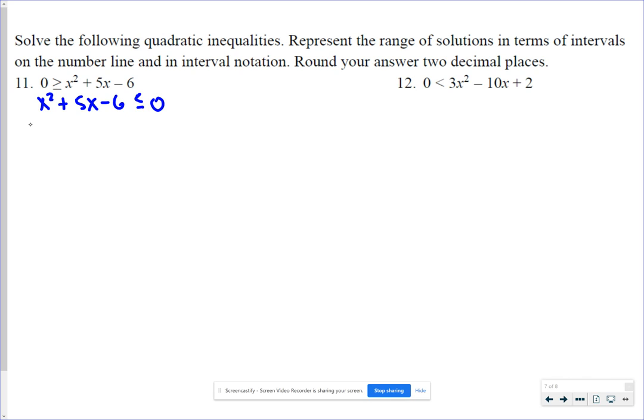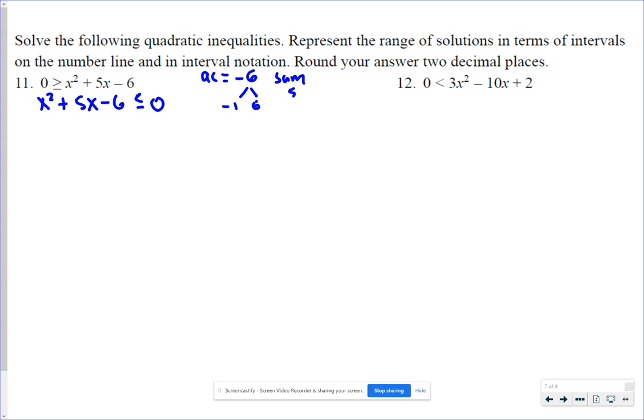So I'm going to do a times c: 1 times negative 6. I'm going to look for two numbers that multiply to create negative 6 and have a sum of 5. That's going to be negative 1 and positive 6.